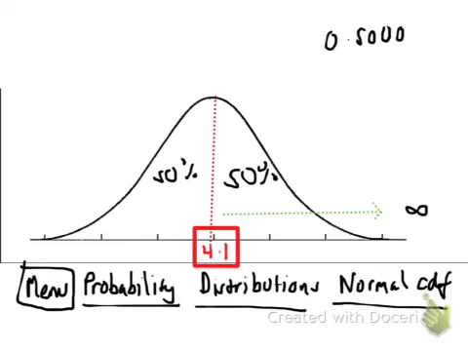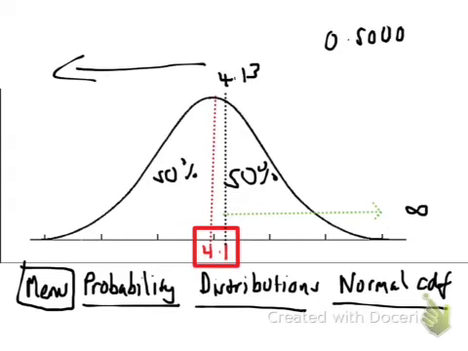So if we draw a dotted line here, I'll draw it in black this time, 4.13 is just to the right of 4.1. Let's write that in, 4.13. This time we're looking for the probability that it's less than that.